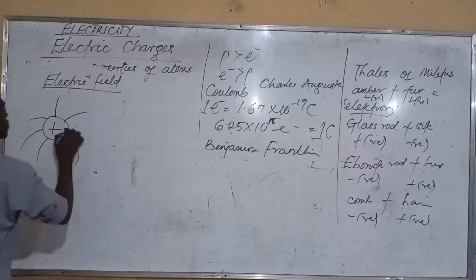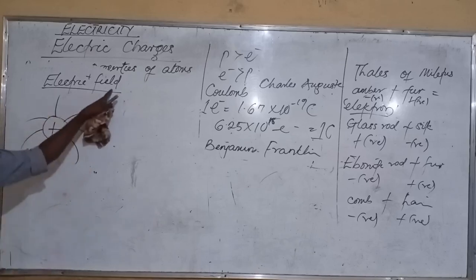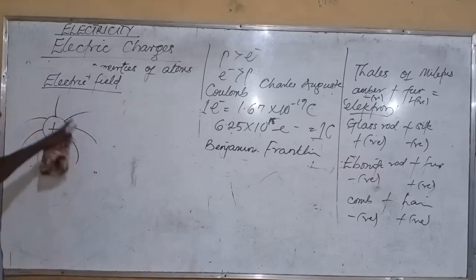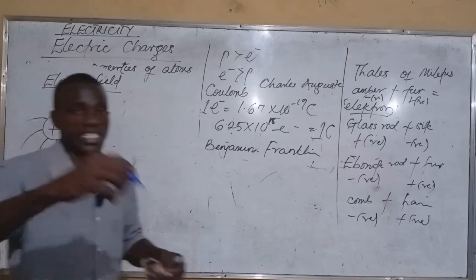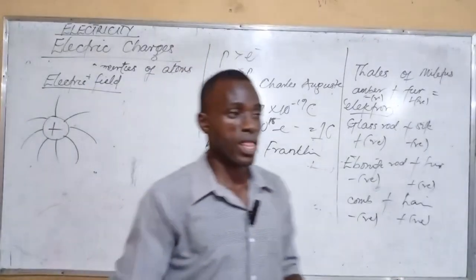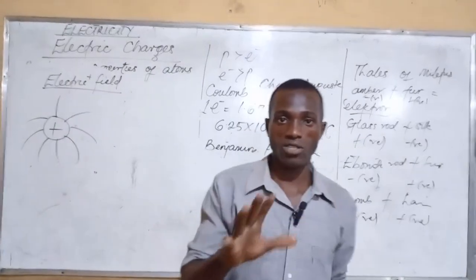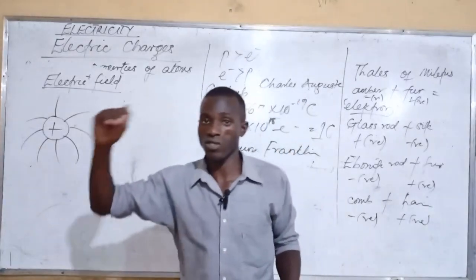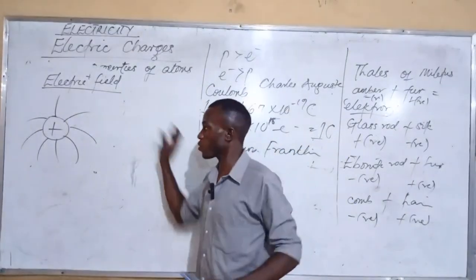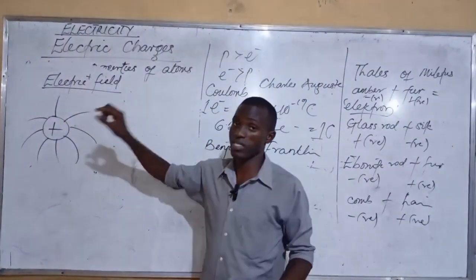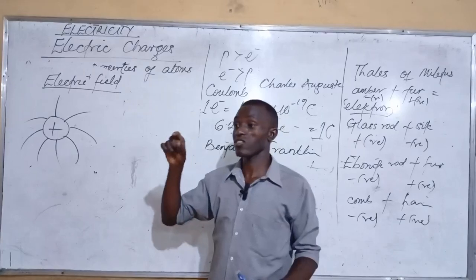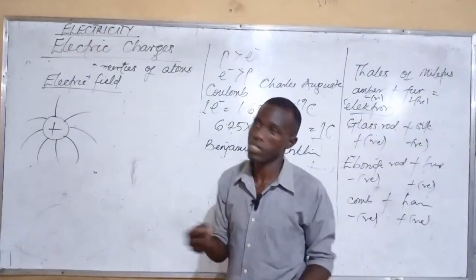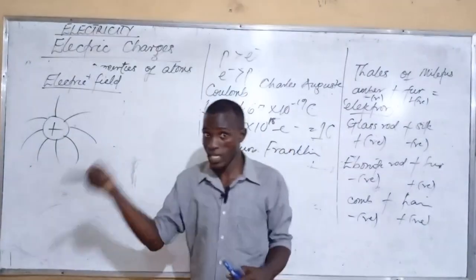We represent the electric field, that region around which the electric force is felt, as field lines, to show the region over which that electric force is felt. So that's how we define the electric field: the region around which an electric force is felt, or the region around which a test charge experiences a force on it. That is the electric field of another charge.